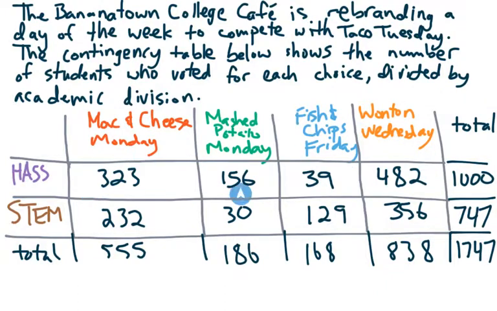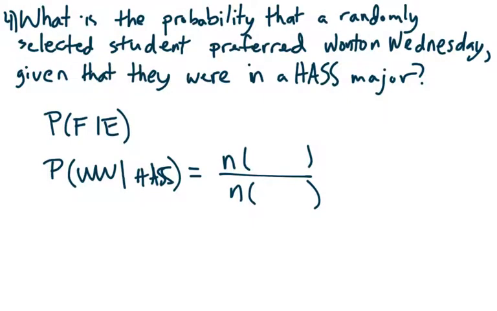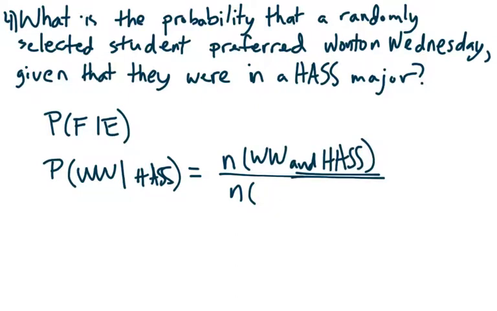If this is my entire universe, the sample space has changed also. The sample space now is restricted to these 1,000 Haas majors. So when we go to use the classical probability rule, the number of things that satisfy this have to also be in this universe, right? So that was going to end up being an and. And the sample space, as we said, has been altered. Now it's the 1,000 Haas majors.